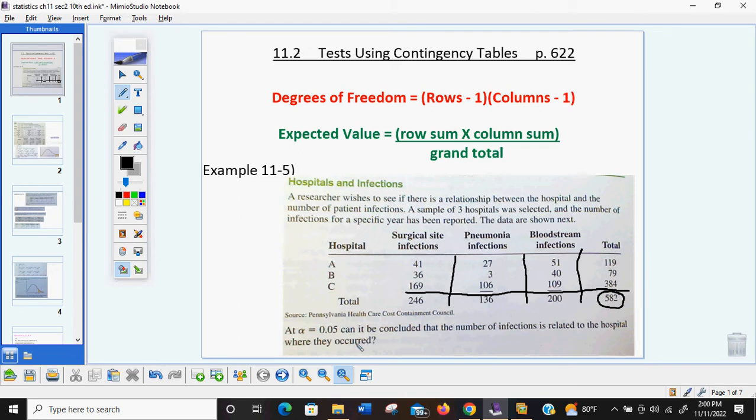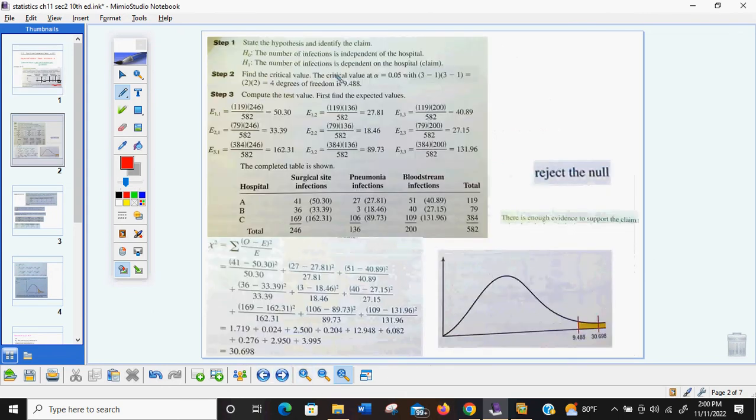It says at alpha of 0.05, can it be concluded that the number of infections is related to the hospital where they occurred? Okay, so let's look at the next slide. Our null and our alternative can be the same for these. For the first one, you're saying they are independent, which means it doesn't matter what hospital you went to.